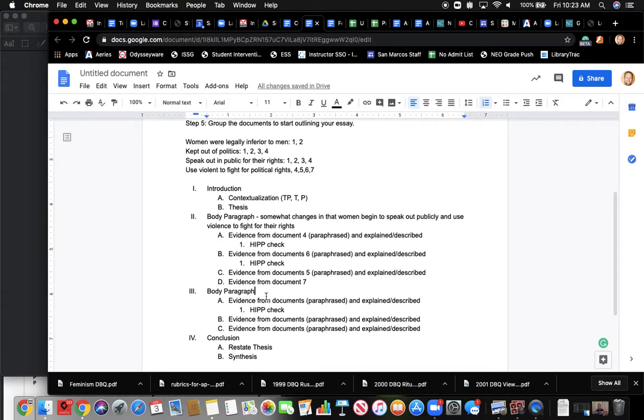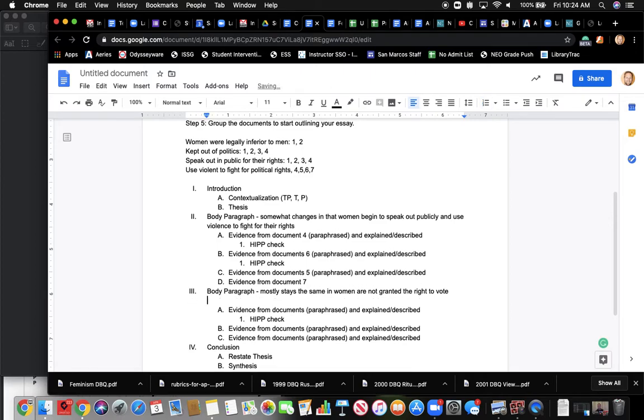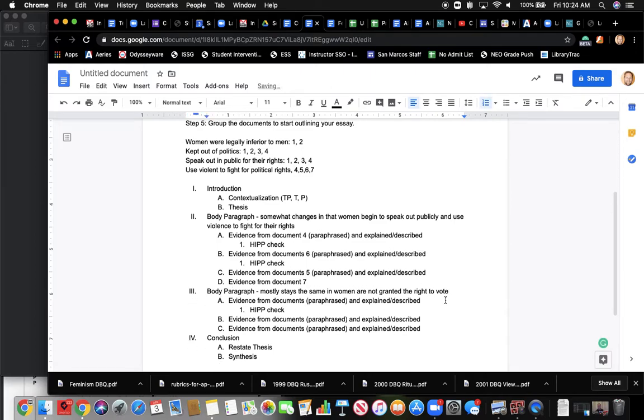That means your second body paragraph is it mostly stays the same, and women are not granted the right to vote. And you could go ahead and use evidence from document 1, document 2, document 3.